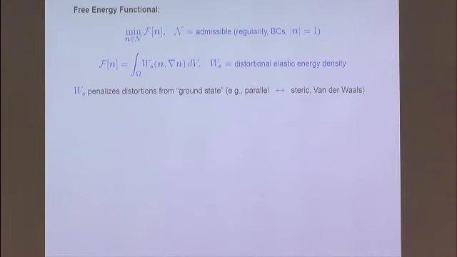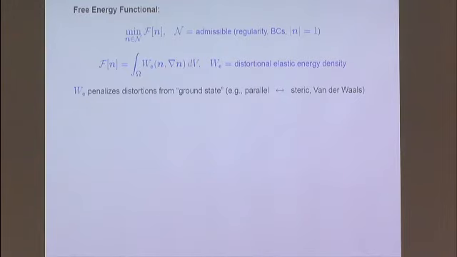The integral functional is constructed by integrating over the volume containing the liquid crystal sample a density function, which is referred to as the distortional elastic energy density. It is assumed to depend only on n and its first order gradients.